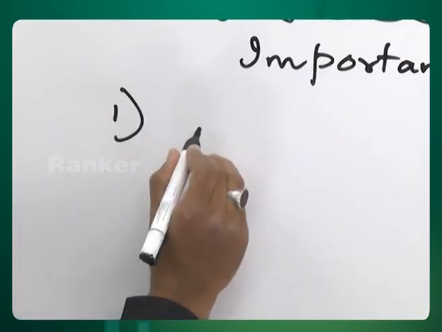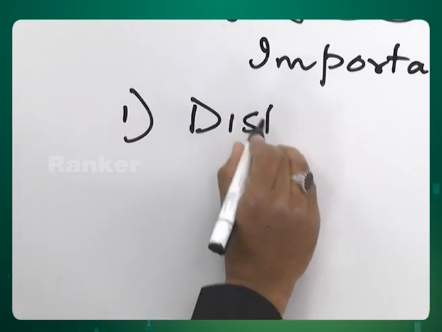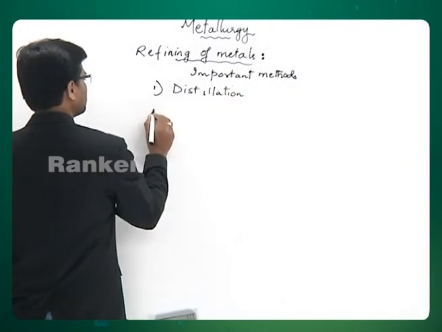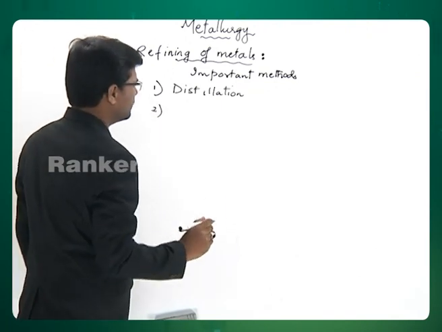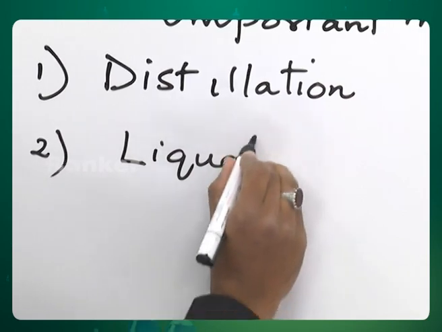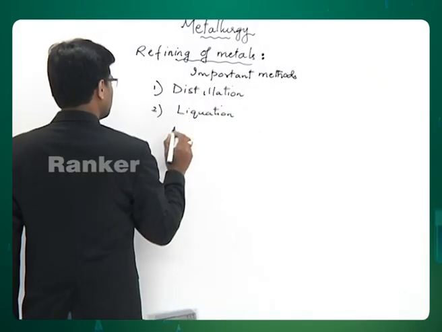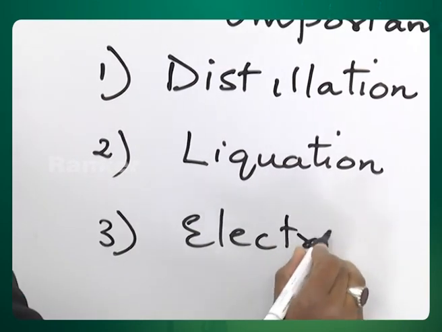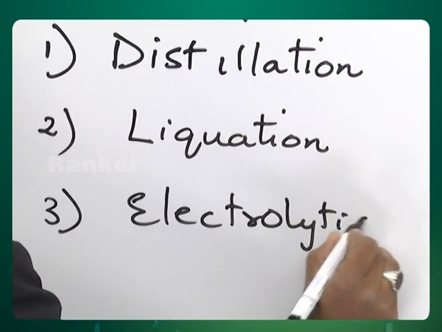Number one, we have distillation. Number two, liquation. Number three, electrolytic refining.